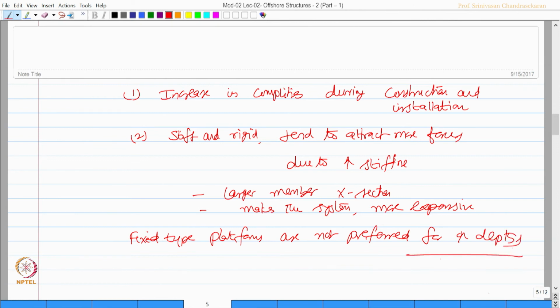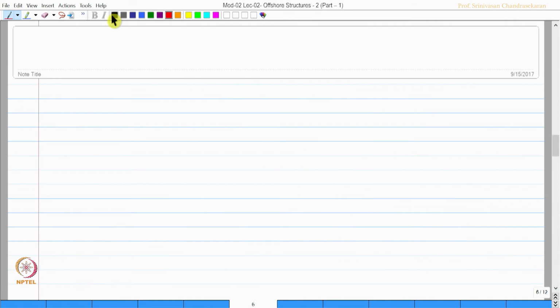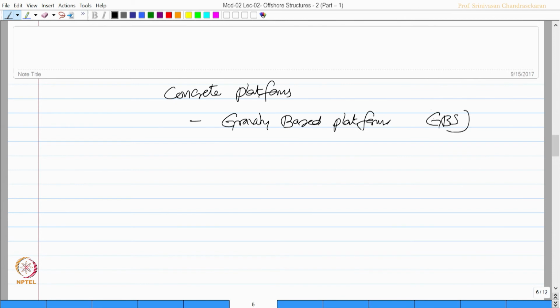Then what is the alternative? People in parallel also studied concrete platforms, gravity based structures, briefly called GBS platforms. Essentially, the material of construction was concrete.